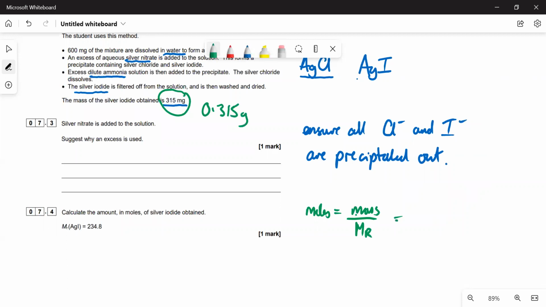So that's going to be 0.315 divided by the Mr, which they give us here, 234.8. And that is going to give us the number of moles, 1.34 times 10 to the minus 3.